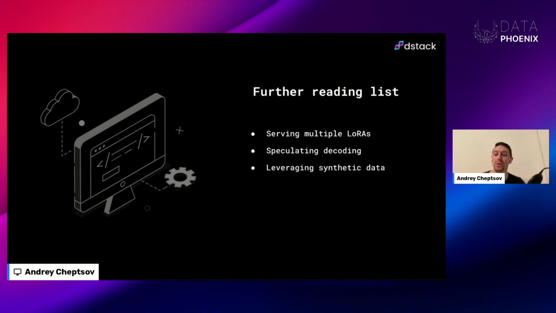If you start using open source LLMs for production, you'll of course be concerned about latency and about the cost of fine-tuning. There are three things that I would recommend you read more about. The first one is serving multiple LoRAs. This is an important approach to significantly reduce the cost of serving models.